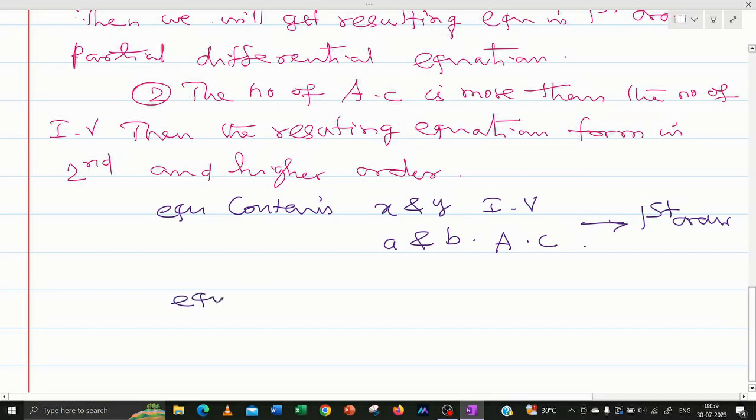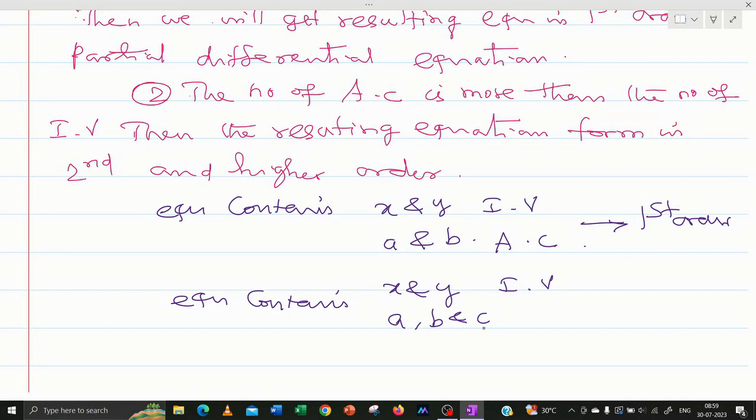In case the equation contains x and y as the independent variables and a, b, c, that is, there are three arbitrary constants. Here we can see that the number of independent variables is less than the number of arbitrary constants. At that time you will get the PDE in second order.